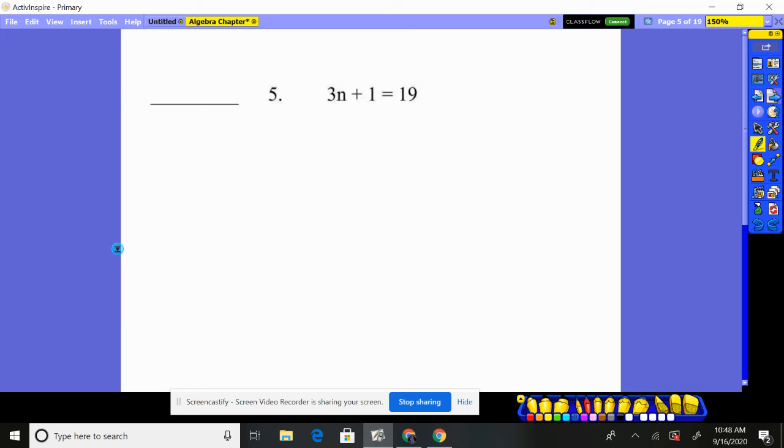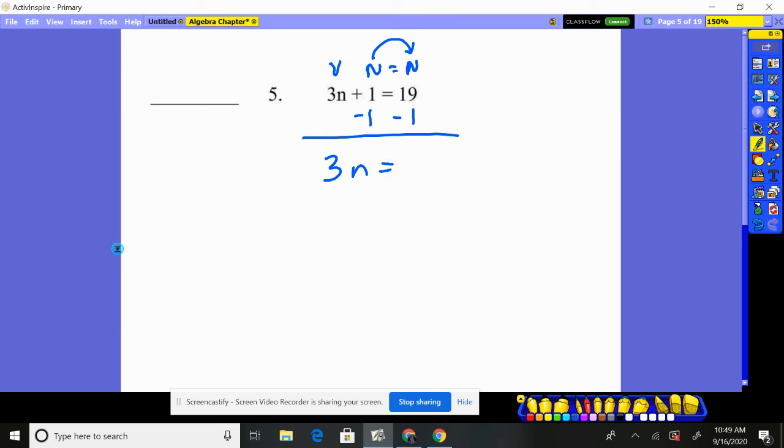Number 5. Now, in this case, you have a variable plus a number equals a number. Well, our goal is always to get all variables on one side, all numbers on the other. Well, you already have your variable by itself, 3n. So you need to move this number over to that side. So I need to get rid of that plus 1. So what I'm going to do is subtract 1 from both sides.